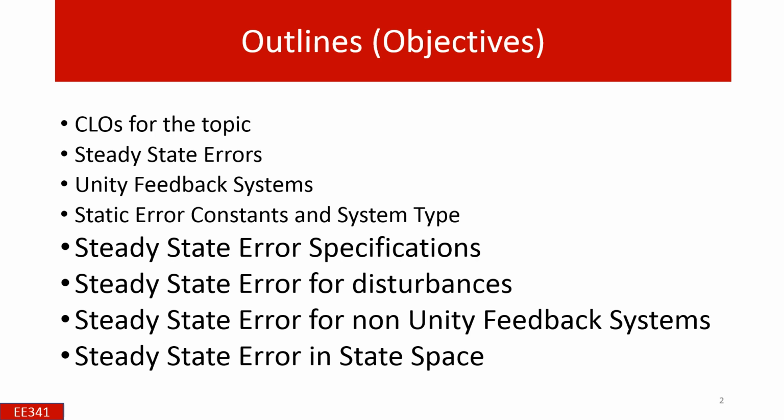The most important part, which will be helpful in this lecture, is the static error constants and the type of the system, on which the steady state error depends, and how it is affected by these two factors and by the input. This is already covered, but we will review a few parts of it in this lecture.